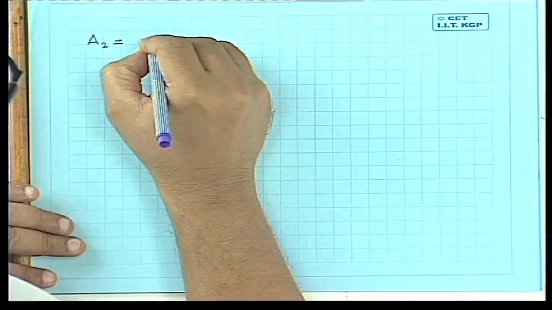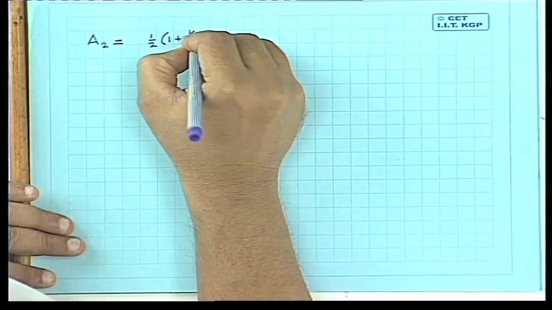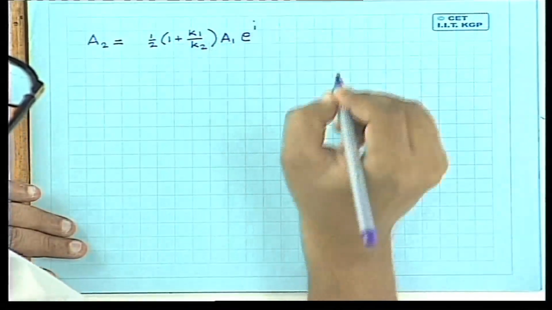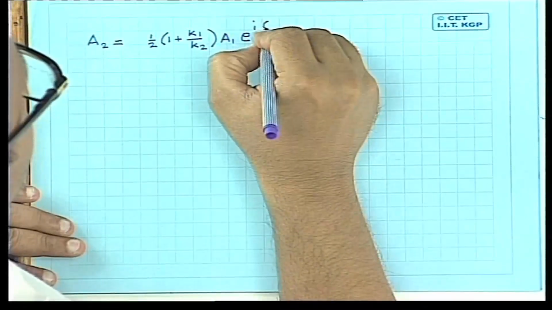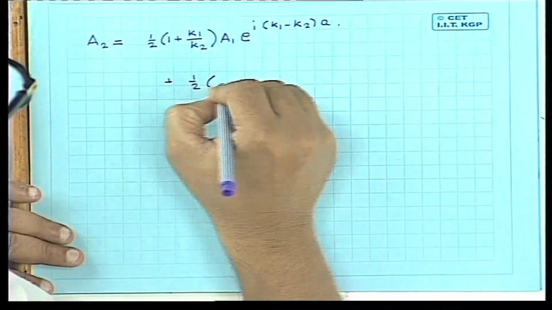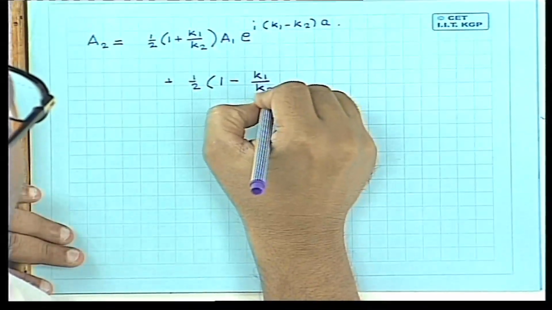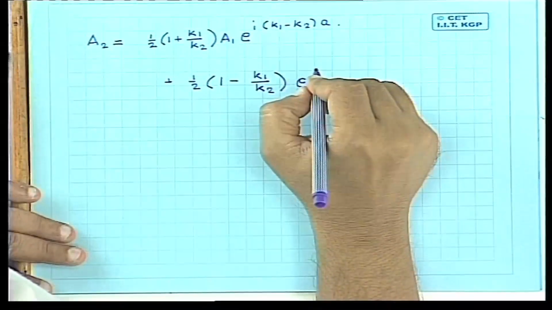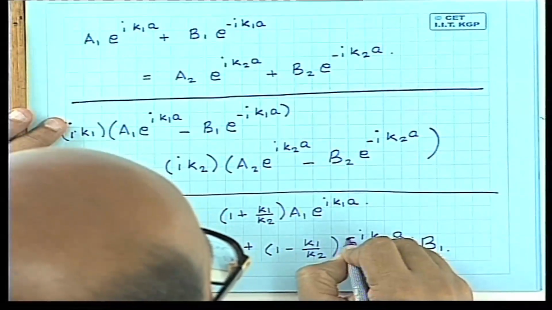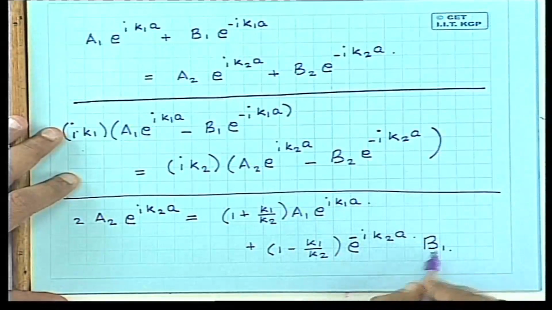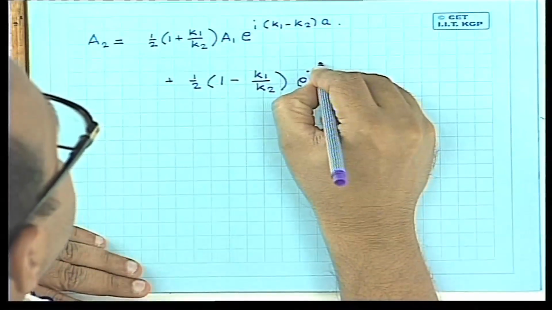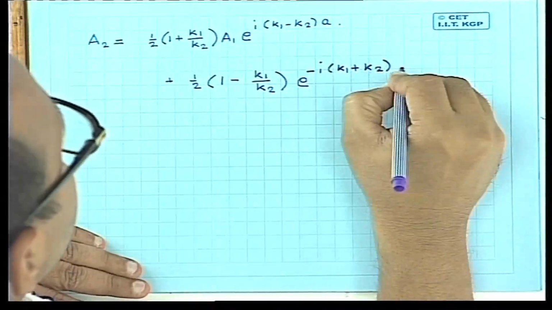A2 is equal to half of 1 plus k1 by k2, A1 e to the power i (k1 minus k2) a, plus half of 1 minus k1 by k2, e to the power, this term over here should have a minus sign, because B appears with a minus sign, so what I have over here is minus i (k1 plus k2) a.